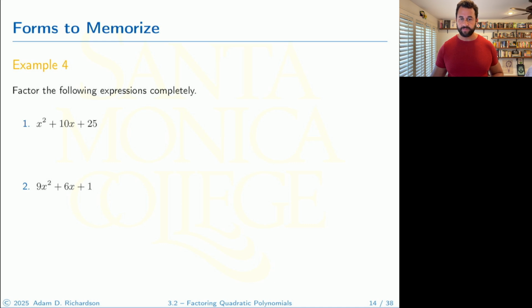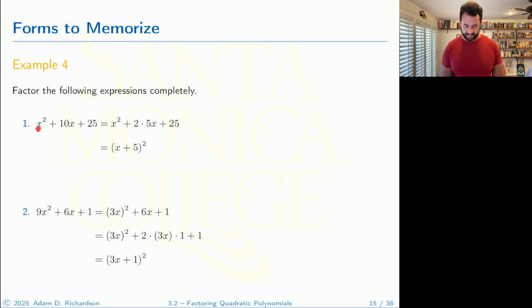Okay, now let's do it together. This one is the form of a perfect square trinomial, so it factors. This is x squared plus 2 times 5x plus 25, so x plus 5 squared. Done. This one also has the form of a perfect square trinomial, but you might have to be a little bit clever.